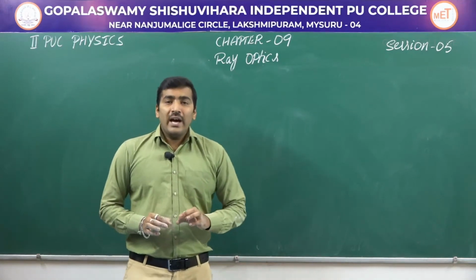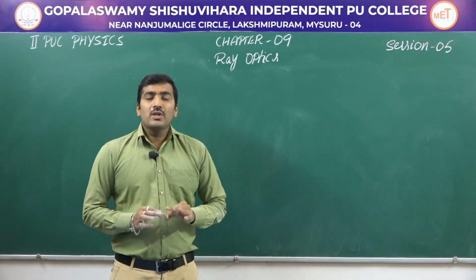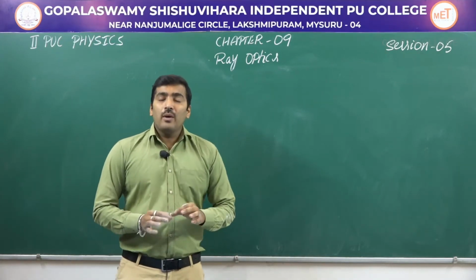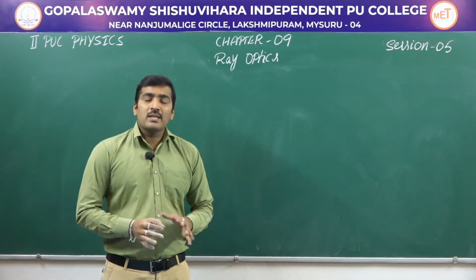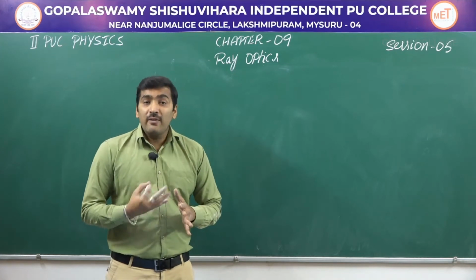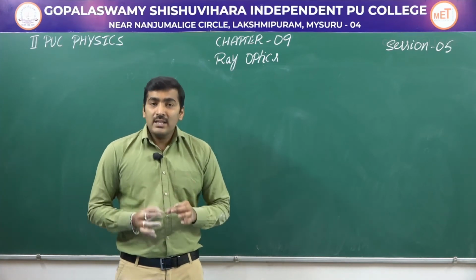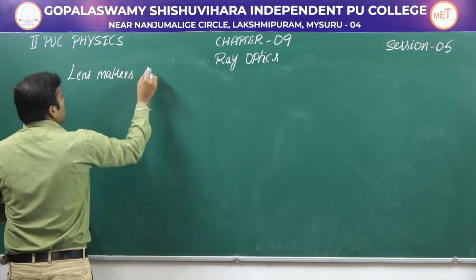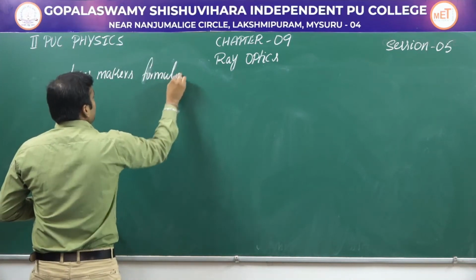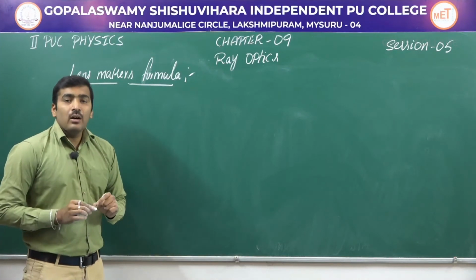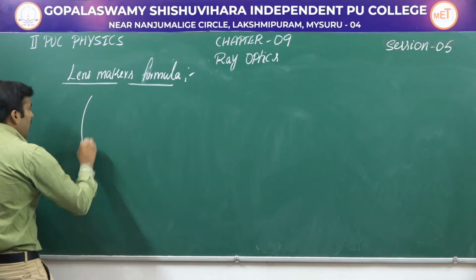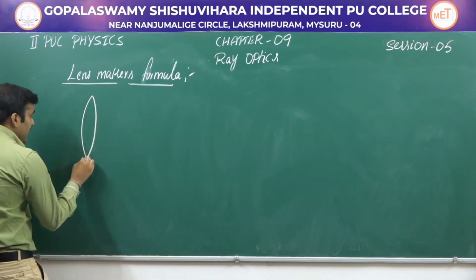Now we need to derive a very important relation which is called the lens maker's formula. This derivation is very important from your examination point of view because this question has repeated several times in your exam. So let's derive this lens maker's formula. First, let me consider a biconvex lens. We have a biconvex lens.